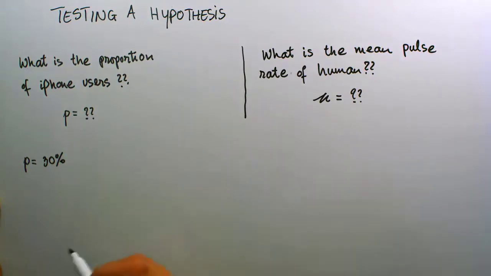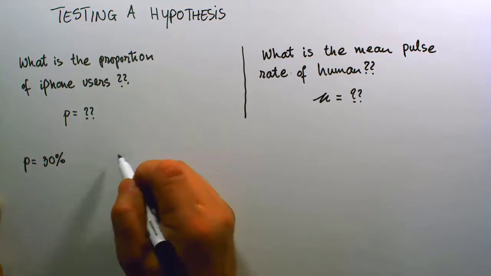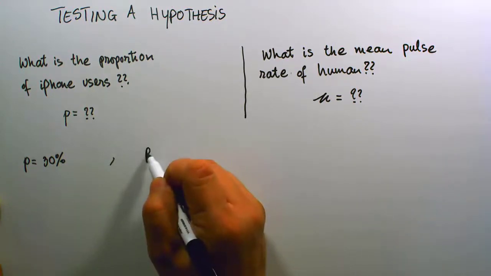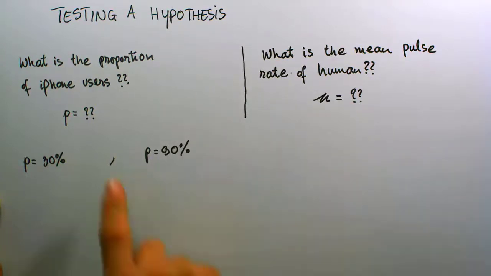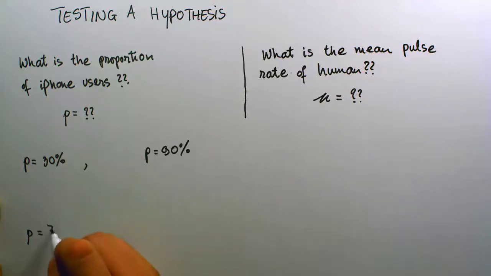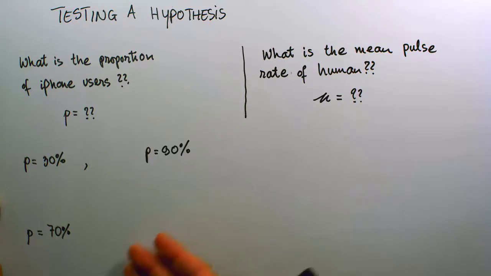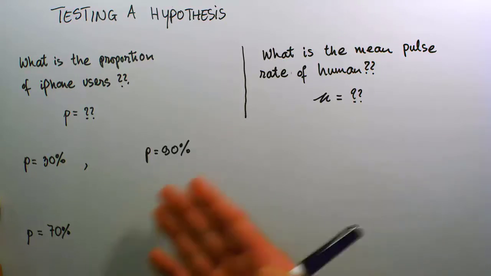Or somebody else can say the proportion of iPhone users is 90% of the world. And somebody else disagrees with both of those and says the proportion of iPhone users is 70% of the world. And there can be many more arguments, many more claims.